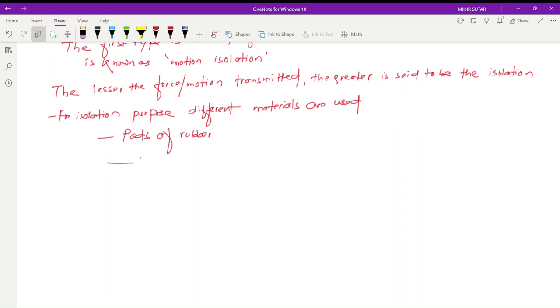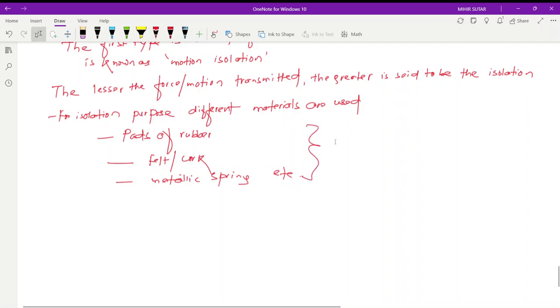Then felt or cork is used. Then metallic springs in some cases they are used, etc. So these are the materials used for vibration isolation.